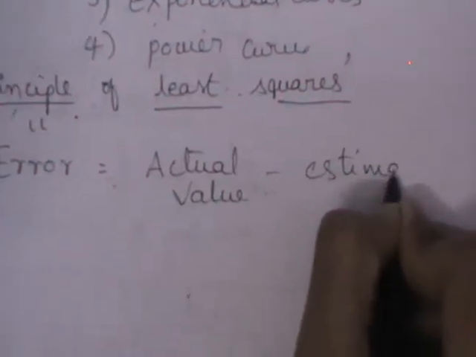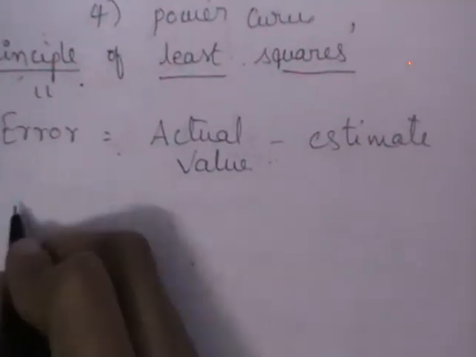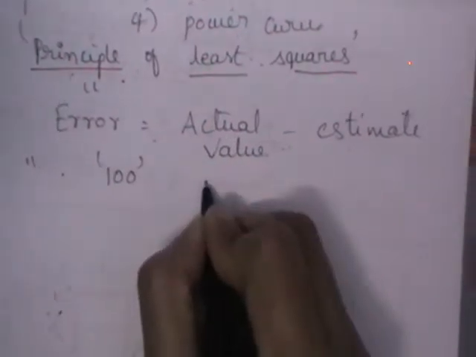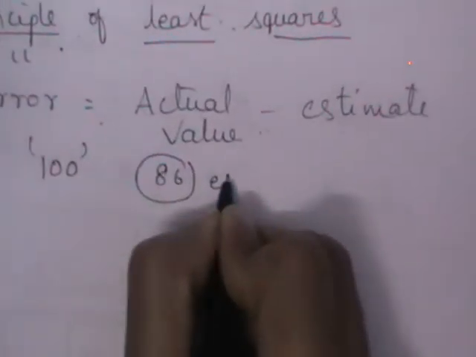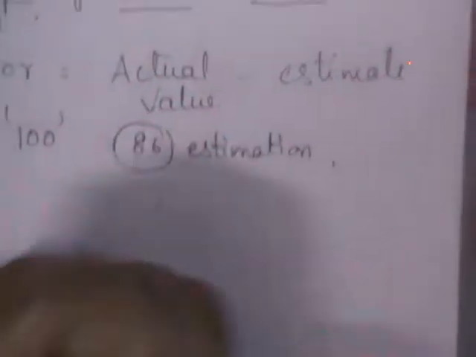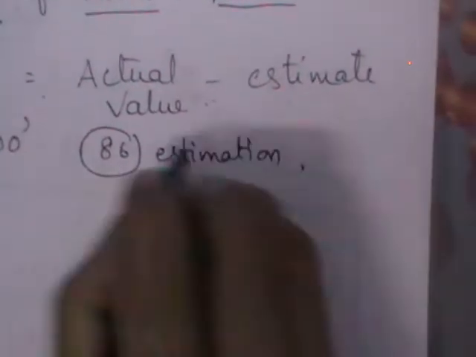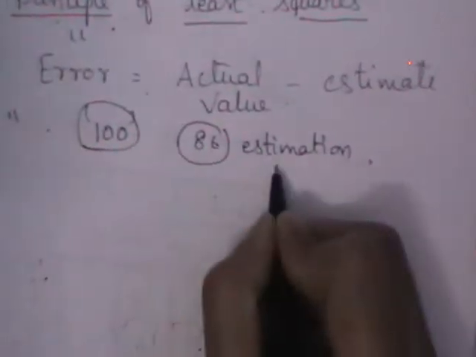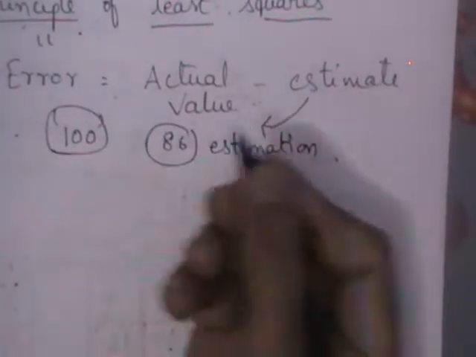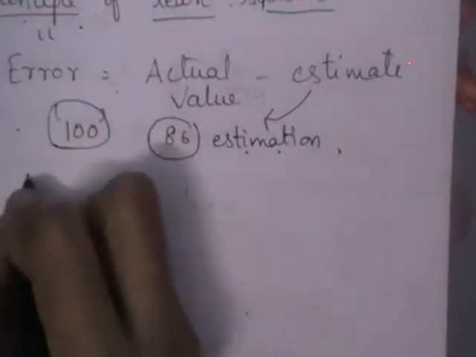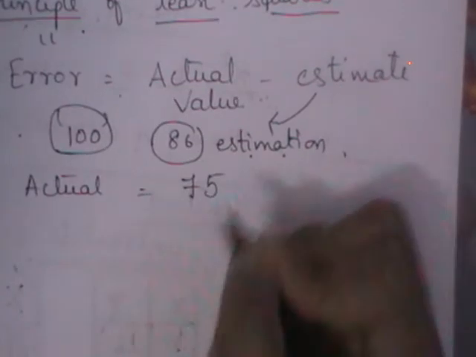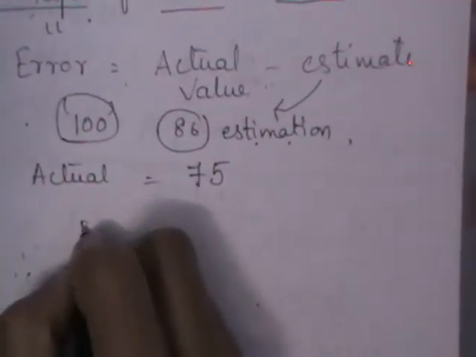Suppose after attempting an examination, out of 100 marks I am expecting 86 marks. This is my estimated value. But after the results are released, I came to know the actual marks are 75. So what is the error there?